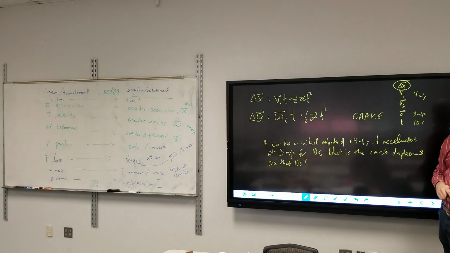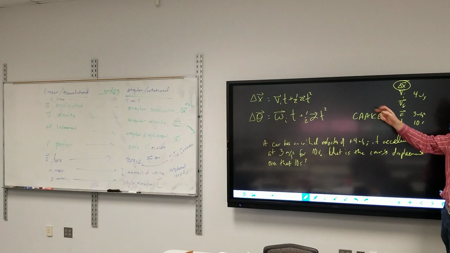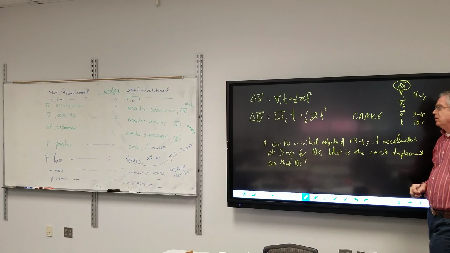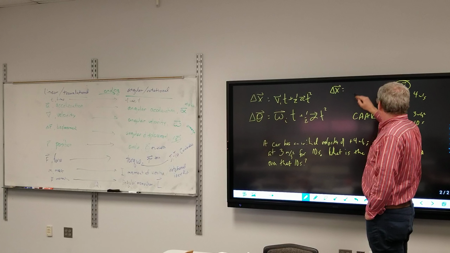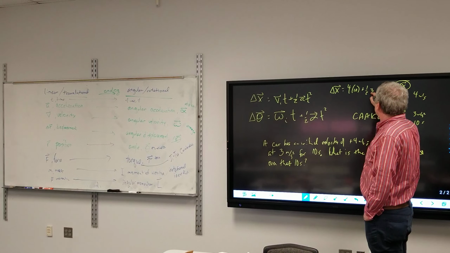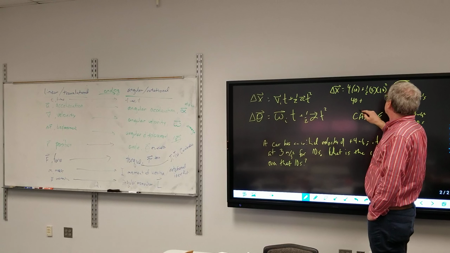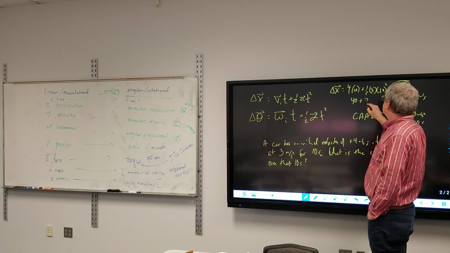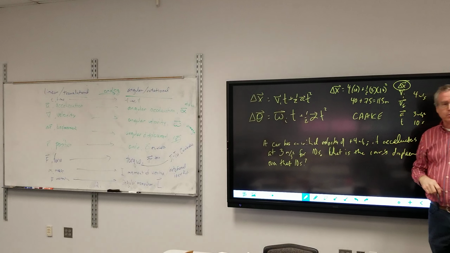And so then you run through your list of cake formulas. The one that does not have v_f in it is that one, and it becomes plug and chug. So my displacement will be 4 times 10 plus 1/2 times 3 times 10 squared, which is 40 plus 75, or 115 meters, assuming I didn't make a careless mistake.